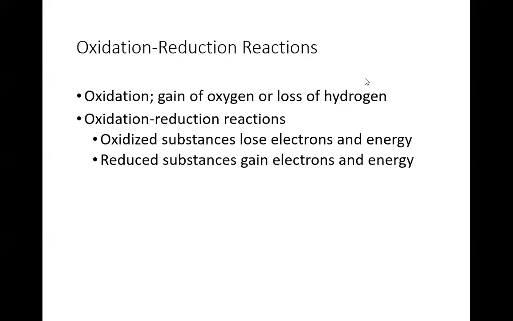When something is reduced, so when something is oxidized, it loses electrons and releases energy. When something is reduced, it gains electrons and gains energy, because electrons will not randomly go flying off by themselves. Something has to grab those electrons.